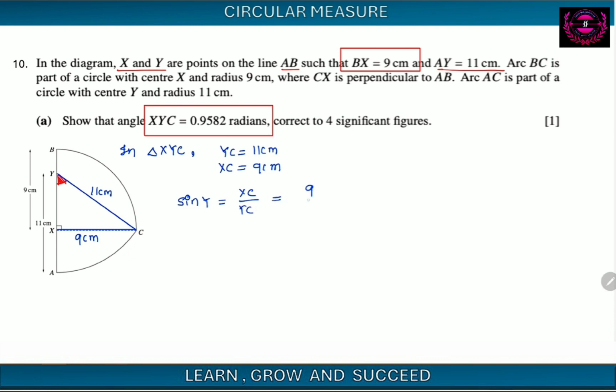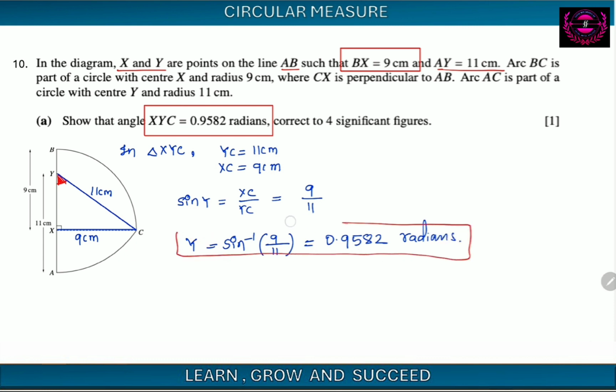So that will be 9 upon 11, and value of angle Y or XYC, Y equals to sine inverse 9 by 11, which is 0.9582 radians. This is our final answer. Let's move to the next part.